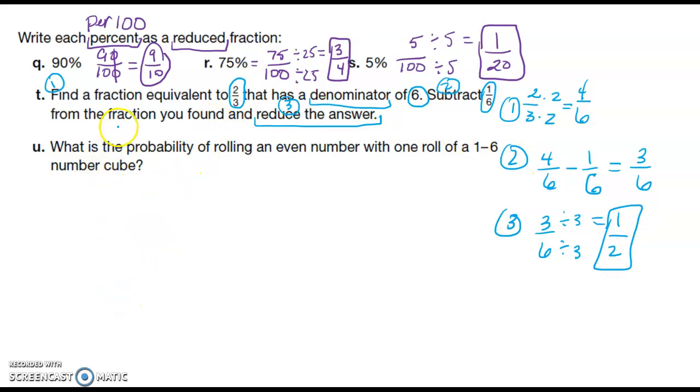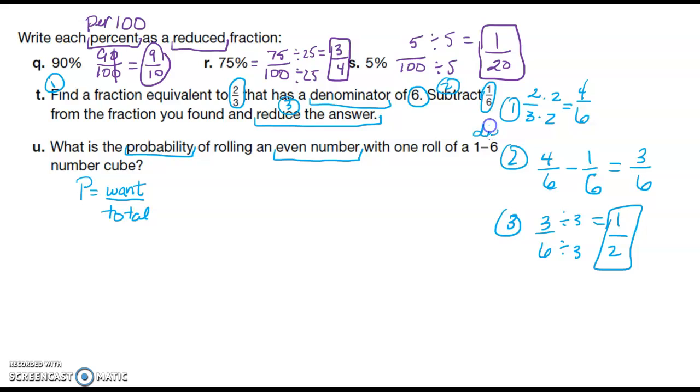Last practice problem. What is the probability? Remember, probability is what we want, or a favorable event, over all of the possible outcomes, of rolling an even number with one roll of a 1 to 6 number cube.